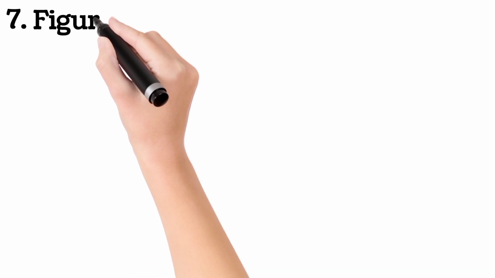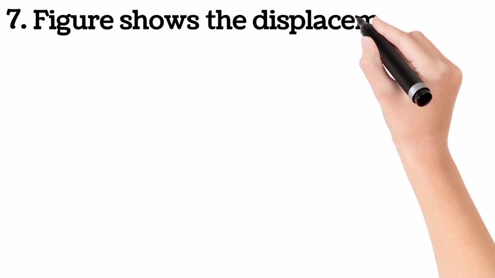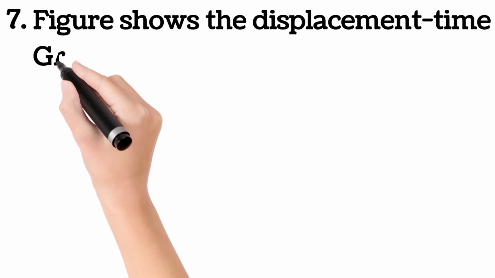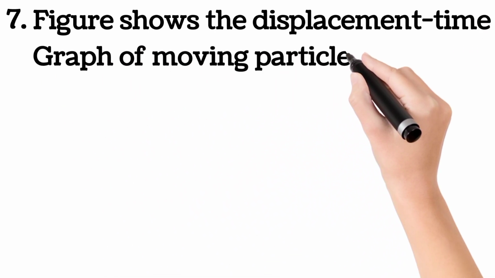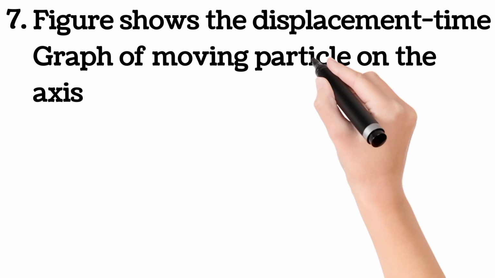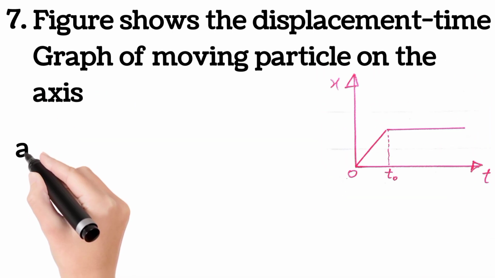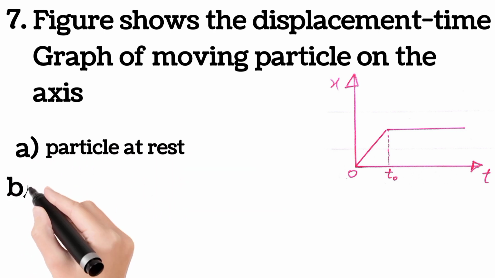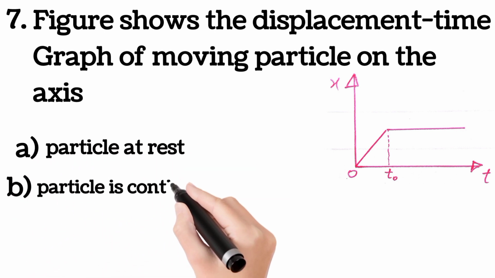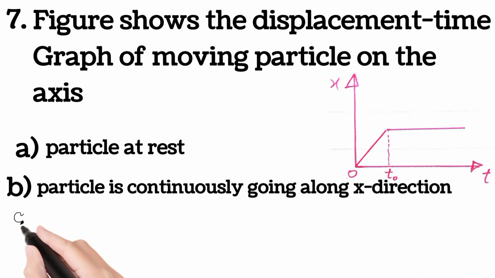The seventh MCQ is: the figure shows the displacement-time graph of a moving particle on the axis. Here is the figure for the particle. A option is the particle is at rest. B option is the particle is continuously going along the x direction.